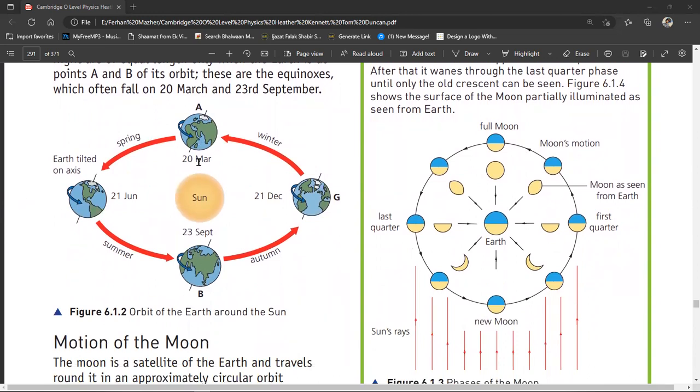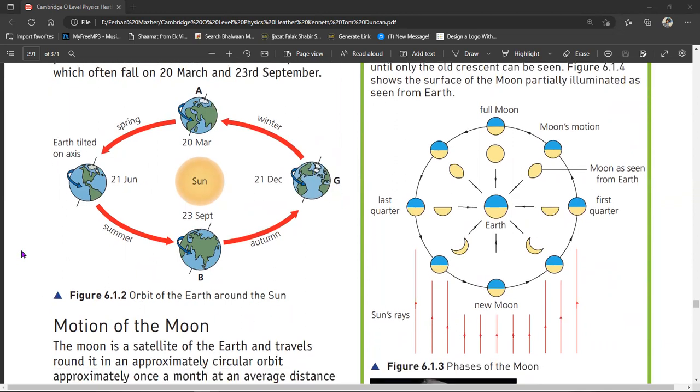This is 20th March and 23rd September. This is the orbit of the Earth around the sun. And this is 21st June, 21st December.